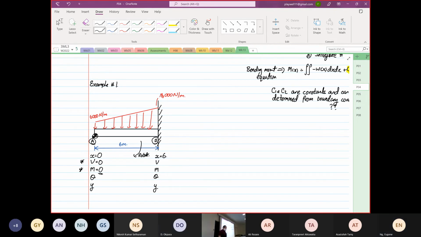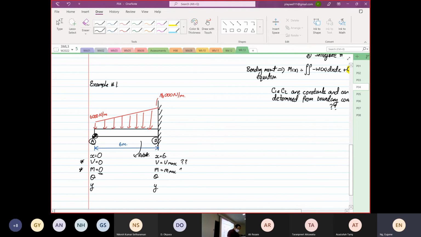So we have just formed two boundary conditions. Boundary condition means we know the condition exists and is the true value. One boundary condition is when x is equal to 0, V is equal to 0. When x is equal to 0, moment is equal to 0. On the right-hand side, when x is equal to 6, V is equal to V max and M is equal to M max.